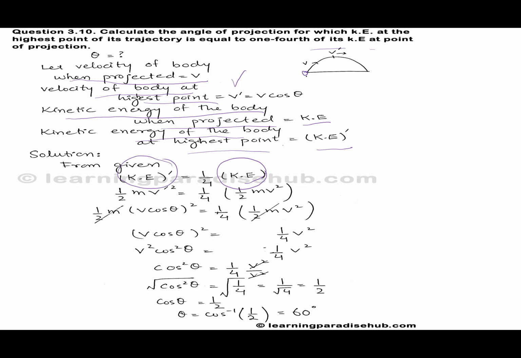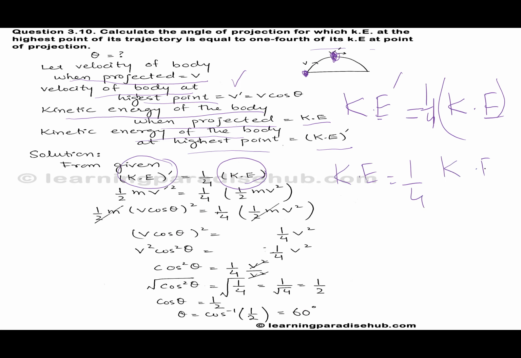The kinetic energy at this point is Ke, and kinetic energy at this point is Ke prime. The energy at this point is 1/4 of the kinetic energy at this point. 1/4. So Ke prime is equal to 1/4 of the kinetic energy at the projection point.